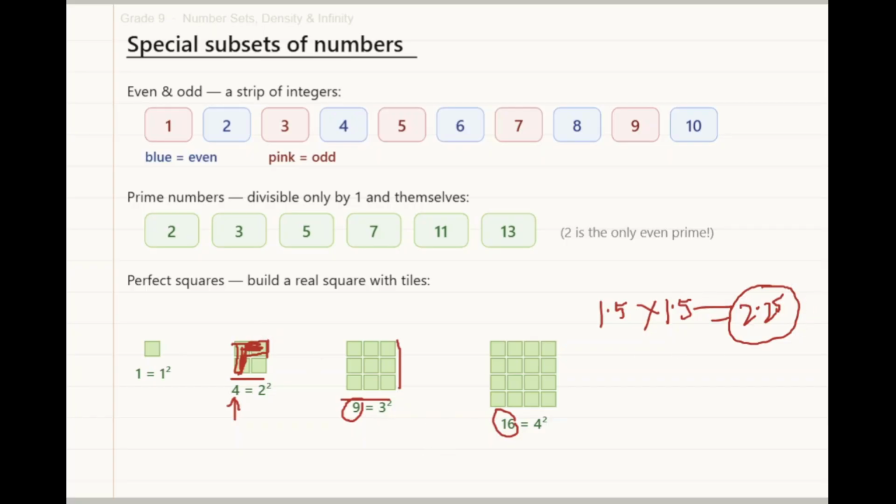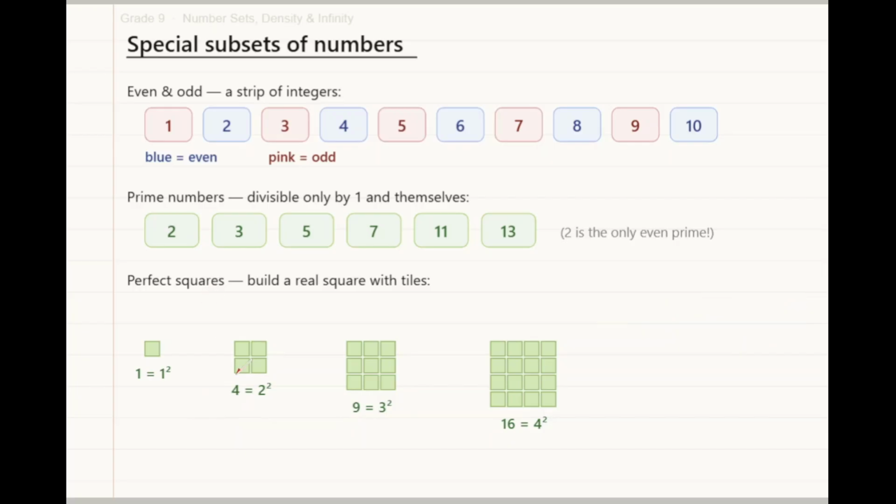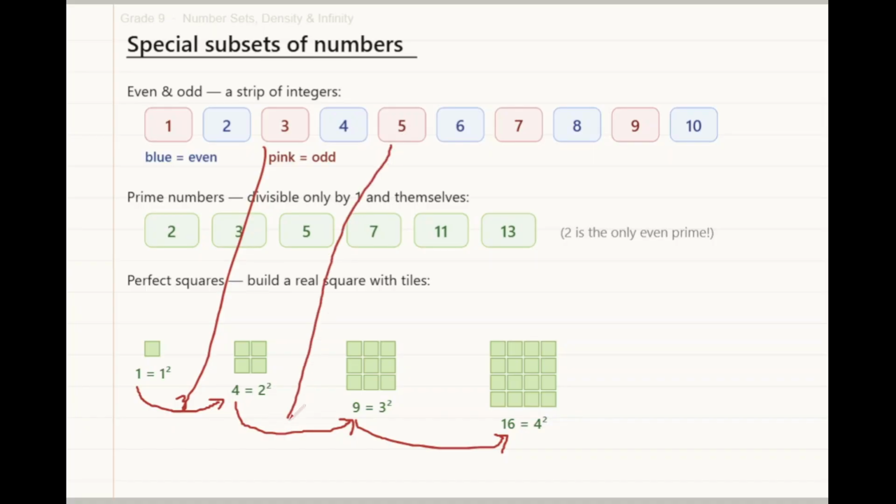The other fact which is hidden here is that to get the next perfect square, you always add the next odd number to it. So for example, to get the next square number from 1 to 4, you add the odd number 3. The next odd number is 5. So if you add 5 to 4, you will get 9.